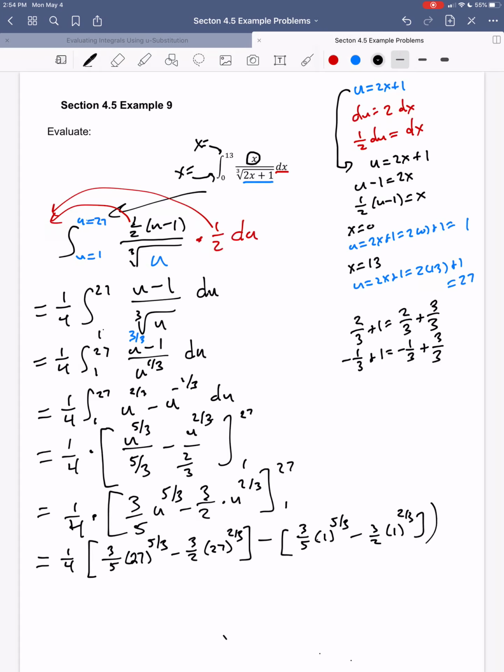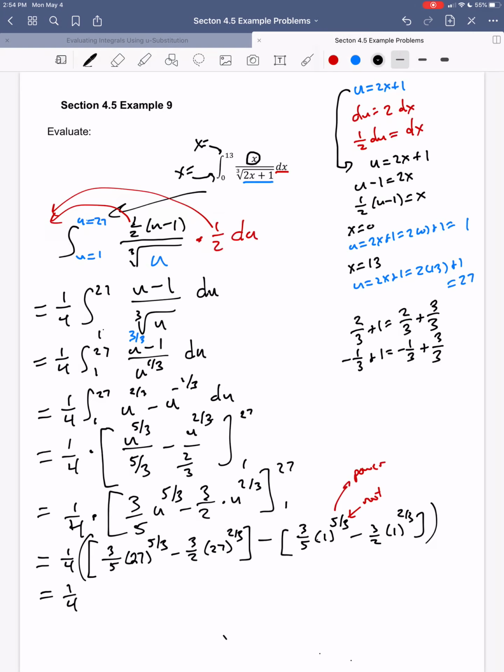And all of this is affected by the 1/4. So don't forget that, right? That 1/4 has to be multiplied by everything we end up getting here. Also, we're having to remember the denominator is the root that we take. The numerator is the power that we take.